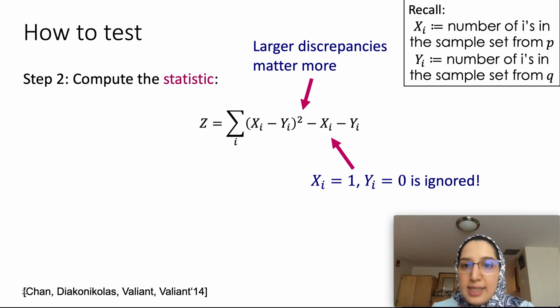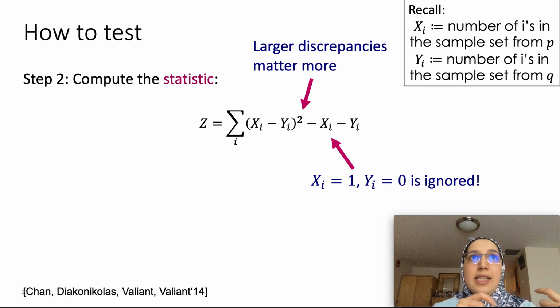Why is that the case? I mean, it helps us to reduce the variance, but why is it important to ignore this case? It's because if you have a distribution, there might be many places where you see one. Let's say you have a bunch of elements with probability 1 over n. Of course you would see a few of those elements, but the set of elements that you're observing may not match the set of elements you will see from the other distribution, even if they are equal.